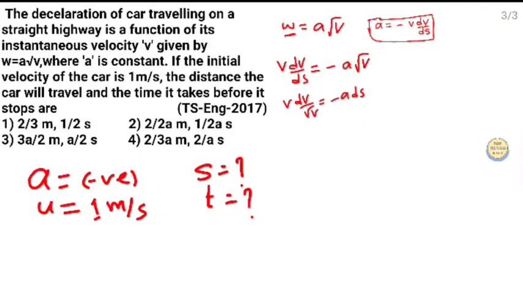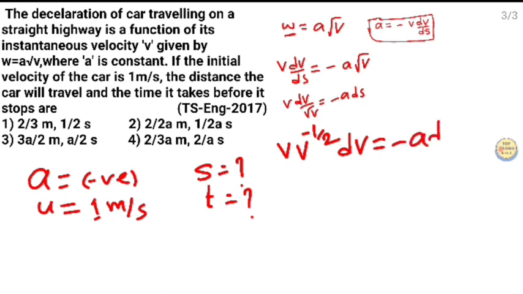Then v by root v, this is v power 1 minus 1 by 2 into dv is equal to minus a ds. So v power 1 by 2 into dv is equal to minus a into ds.